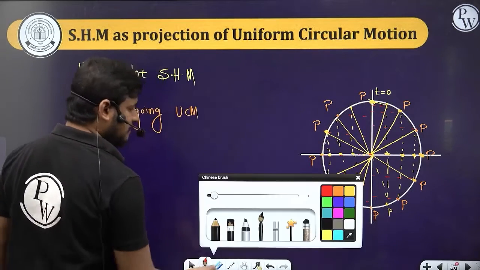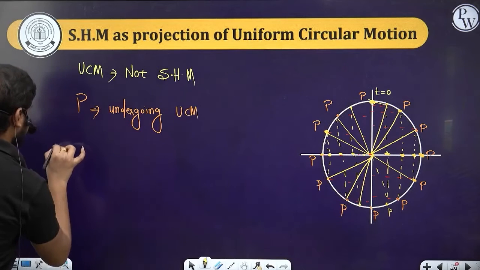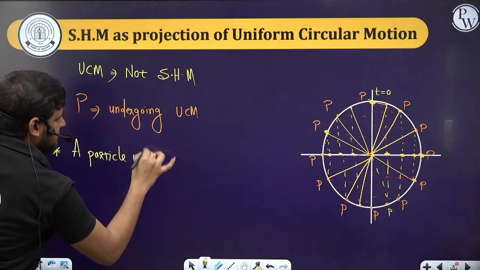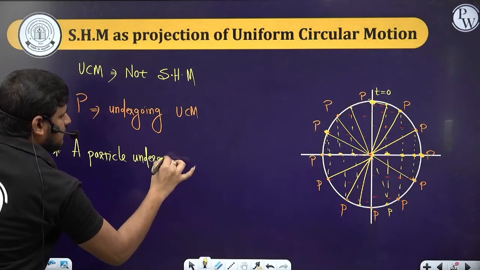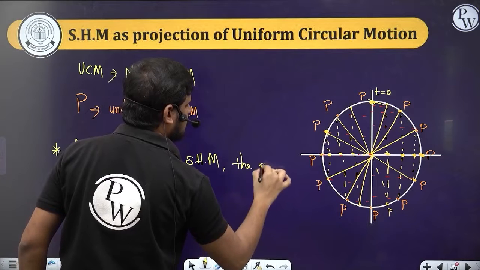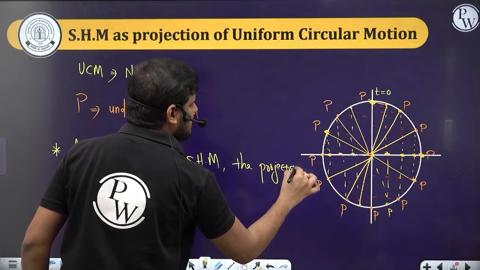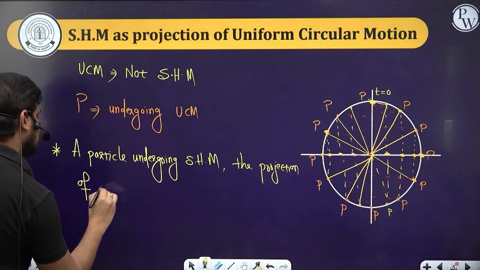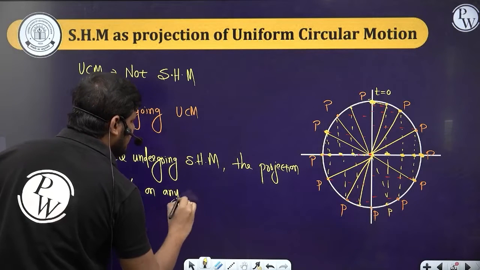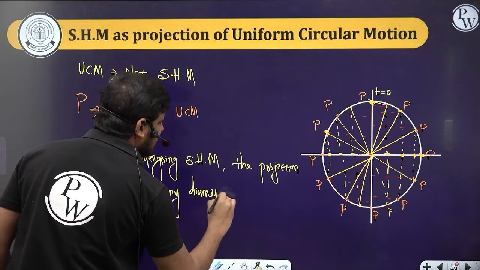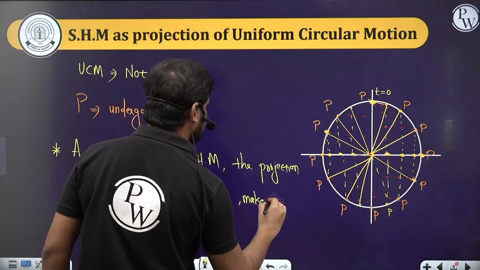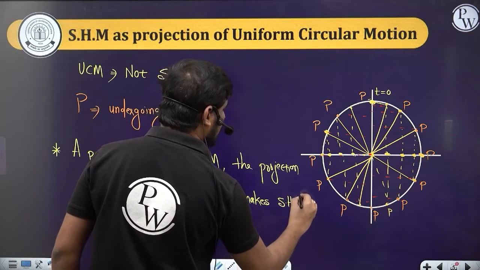So write down the statement: a particle undergoing uniform circular motion, the projection of the particle on any diameter makes S.H.M. So the projections make the S.H.M, not the uniform circular motion.